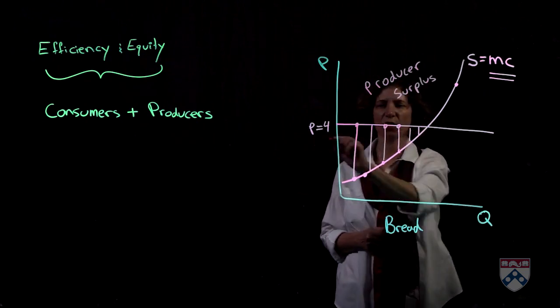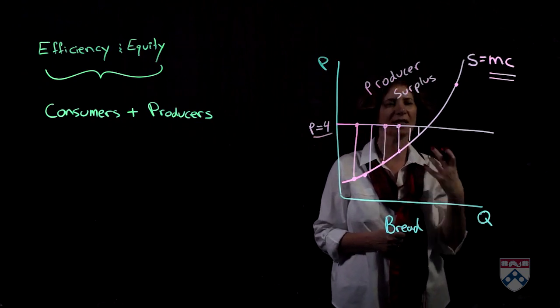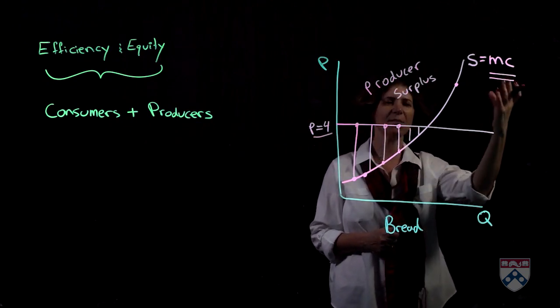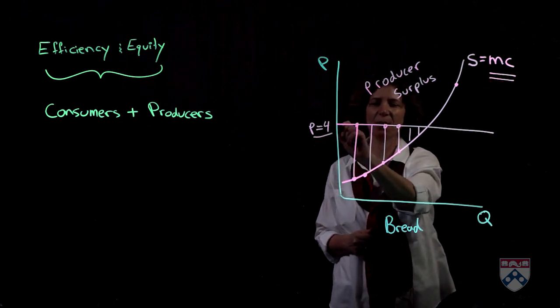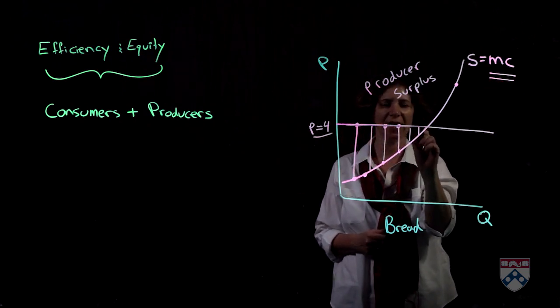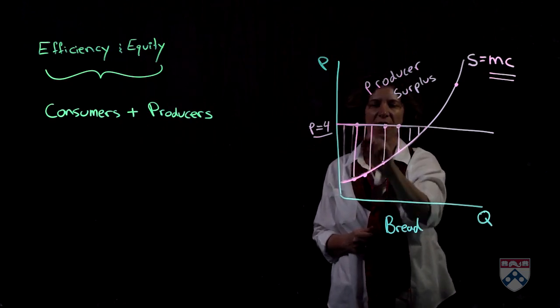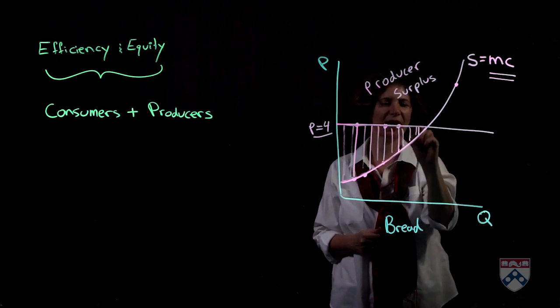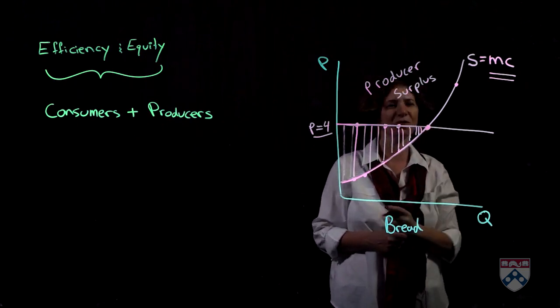It's the difference between the price and the minimum required to sell the product, which is the marginal cost of production. Graphically, it's the area bound by the price and the supply curve, from the first unit and all the way till the last unit that's exchanged in the market. And that is our producer surplus.